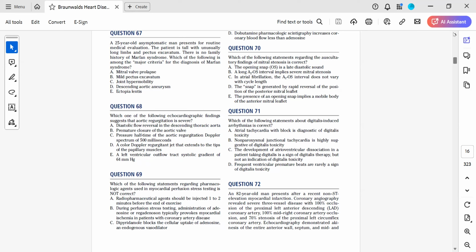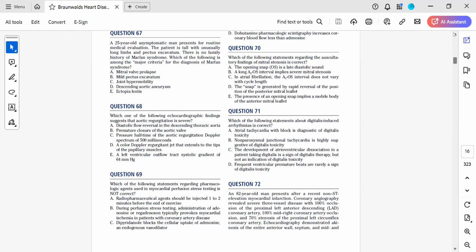Atrial tachycardia with block may be caused by excess digitalis, but can also occur in the setting of structural heart disease without digitalis toxicity, so it's not diagnostic. The rhythm must be distinguished from atrial flutter, and because the amplitude of the atrial depolarization may be low, this rhythm is sometimes difficult to recognize.